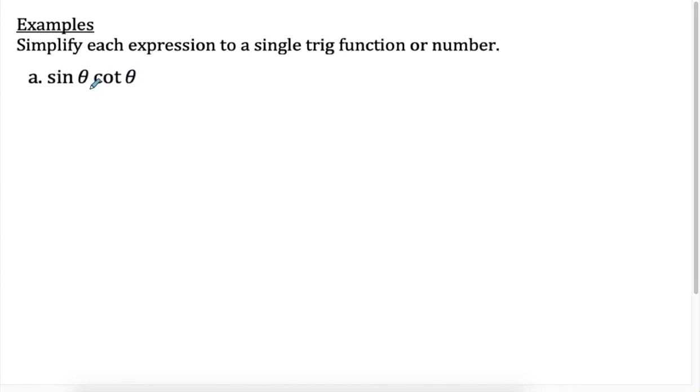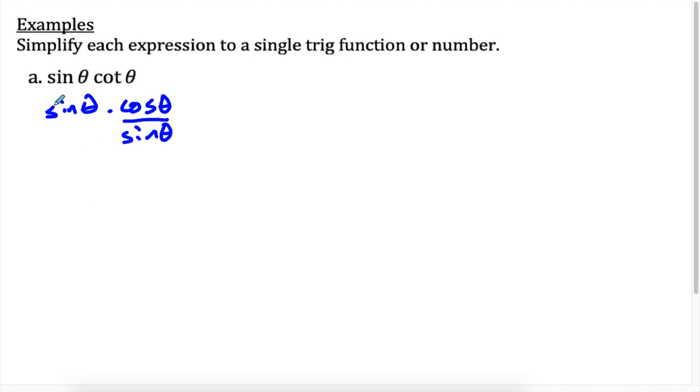So here, if I change cotangent to cosine over sine, I can make this sine of theta times cosine of theta over sine of theta. And I know that cotangent is equal to this, so I'm allowed to change that like that. Well, now I've got a sine in the numerator and a sine in the denominator.